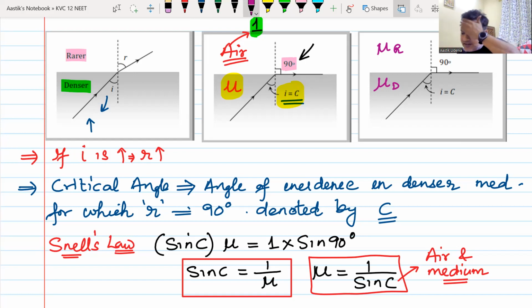Can you find out the relation between mu D, mu R, and the critical angle? I'll give you a minute. If you can tell me the answer, I would be pretty happy.